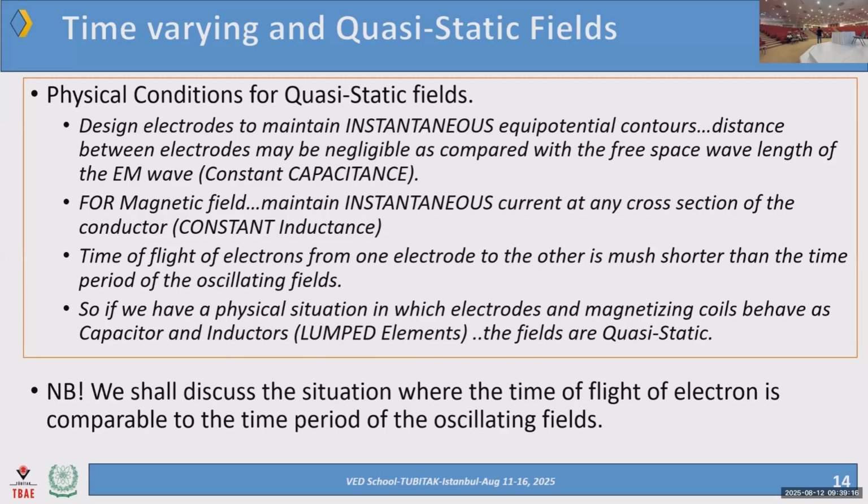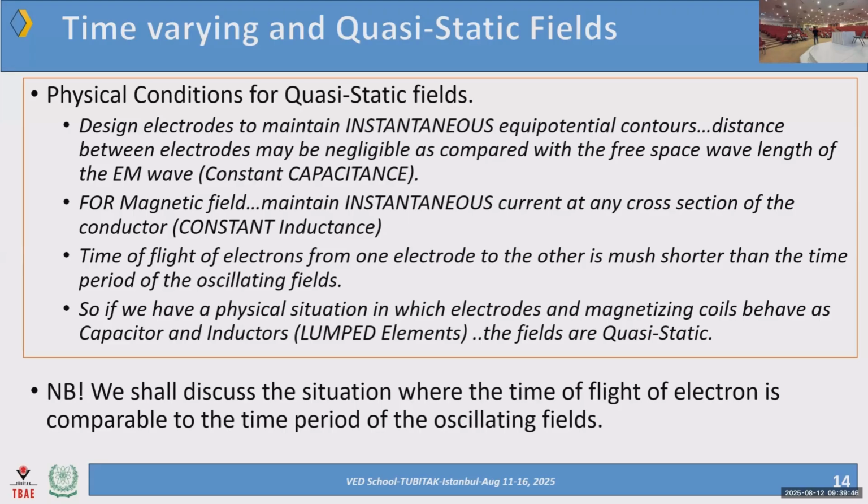So is the behavior of the charges similar in every case, or is there a distinction? There is a distinction. We call this quasi-static field. When we say quasi-static field, we can apply the sort of physics that we just discussed in the case of static fields. Okay? Can you possibly think of that scenario?